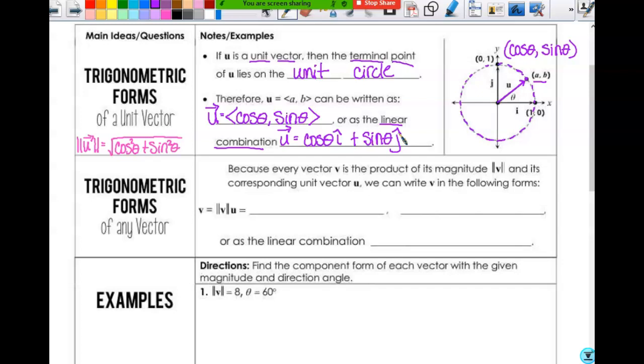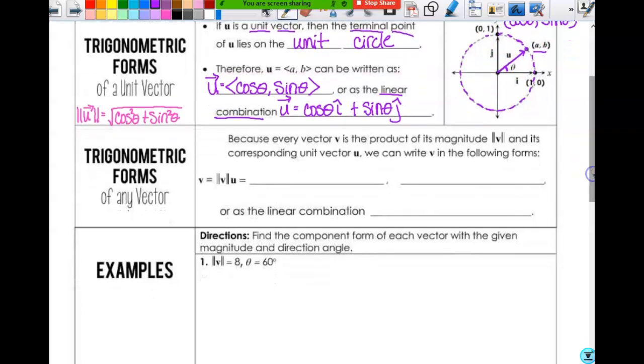Okay? And if you think about what our vector is, we have a magnitude, and then the direction is our angle. Okay? So it says, because every vector v is the product of its magnitude and its corresponding unit vector u, we can write v in the following form. So this is vector v, right? So that's the magnitude of v times a unit vector.